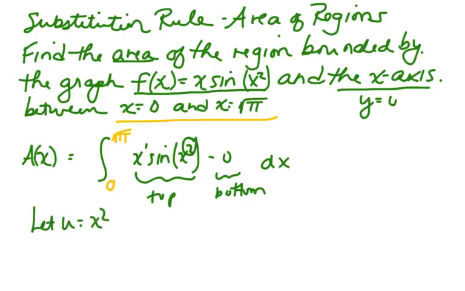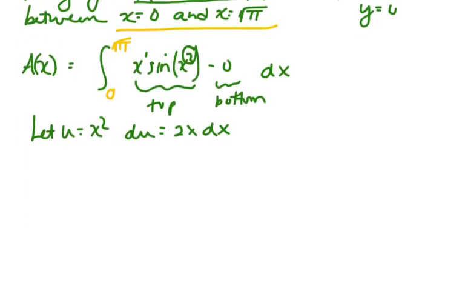u equal x squared, du is equal to 2x dx. I'm going to make the necessary substitutions. Hopefully you can jump now to omitting the step with solving for dx. If you can't, solve for dx.